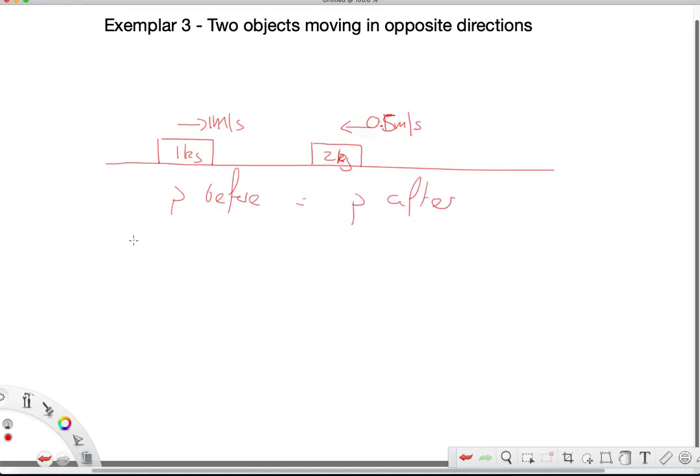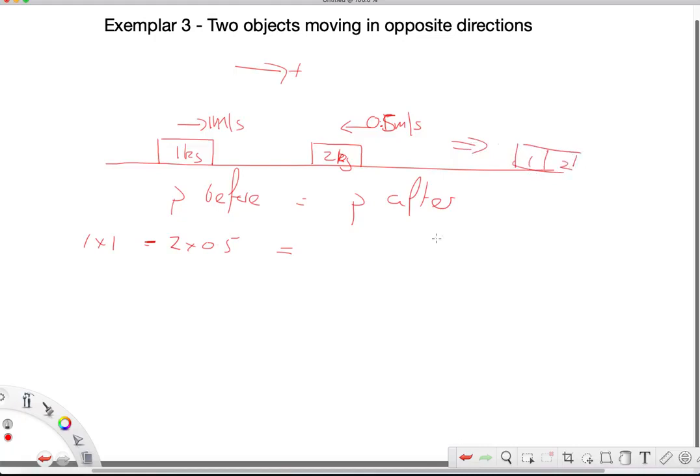So we have 1 times 1, but this time that's going in the opposite direction, equals, minus 2 times 0.5, because if this is positive, then that's negative. So 1 times 1 minus 2 times 0.5, and, well, let's just say they stick together again.